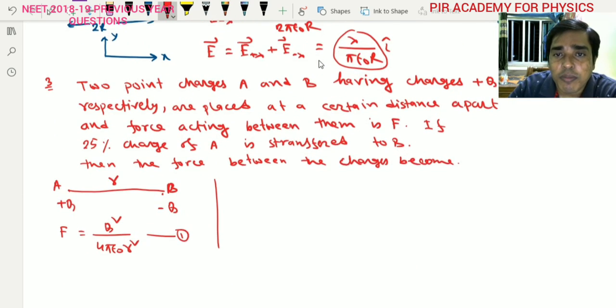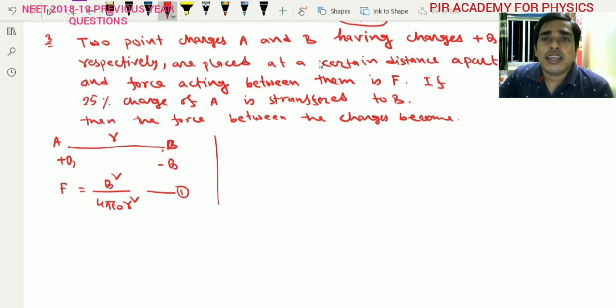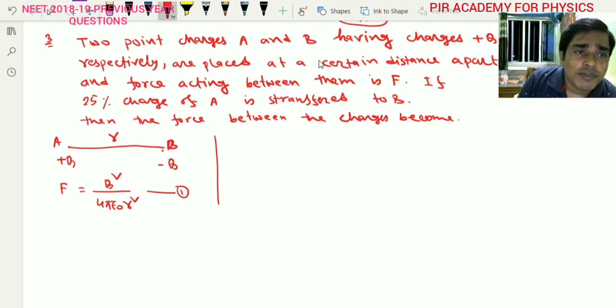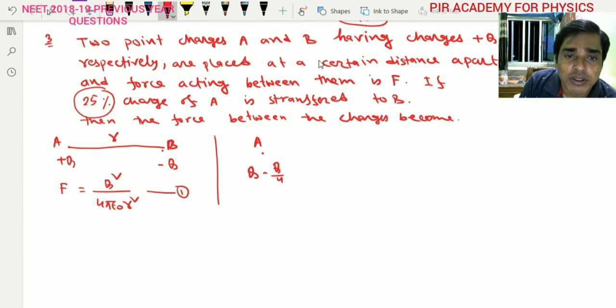Now, if 25% of charge A is transferred to B, so the charge at A will be Q minus Q by 4, so it will be 3Q by 4. 25% means Q by 4.